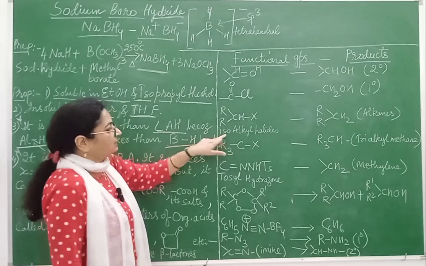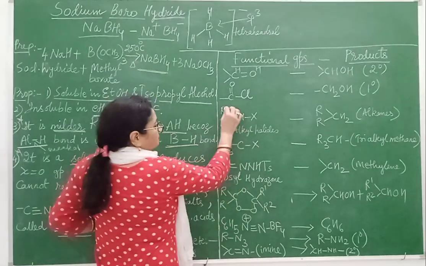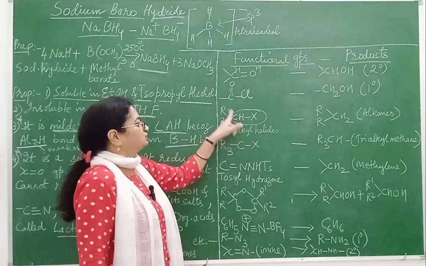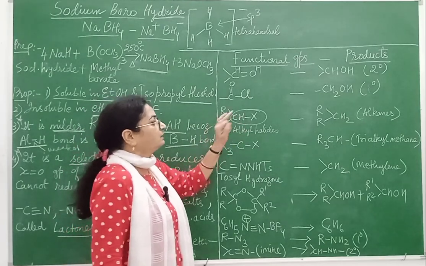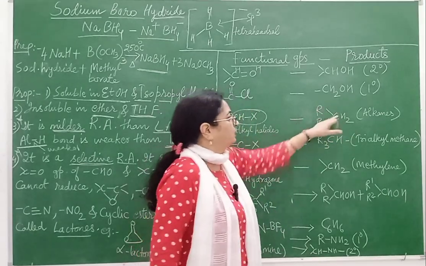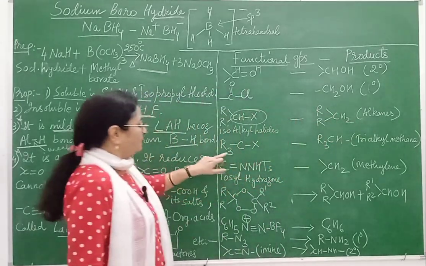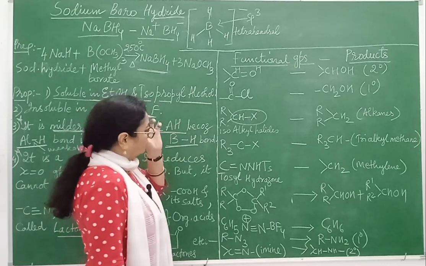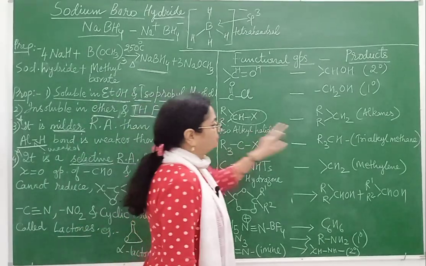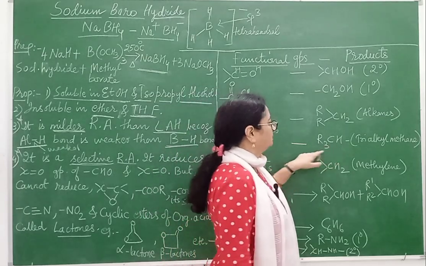Now here you see isoalkyl halides. The halide group is present on the second carbon of the chain. This is an isoalkyl halide. It is reduced to an alkane. A CH2 group comes here; if you join the chain, you get an alkane. Next, a trialkyl halide group is present. This gets reduced to trialkyl methane.